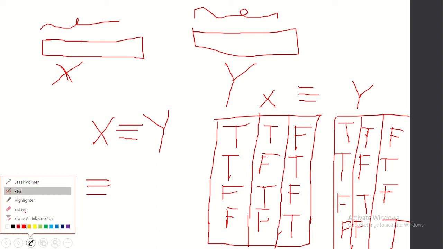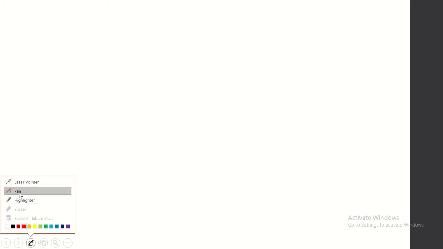Now before solving, we also need to know a few terms. We need to know three terms.